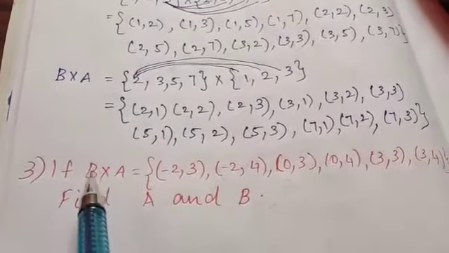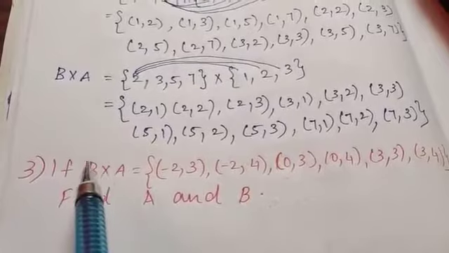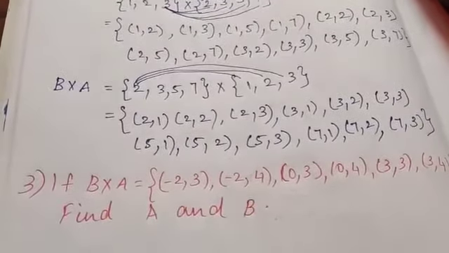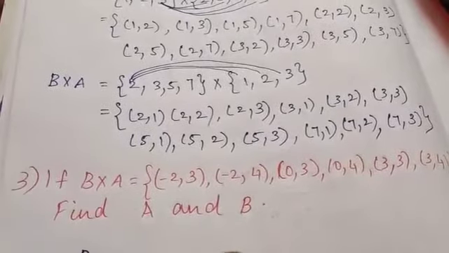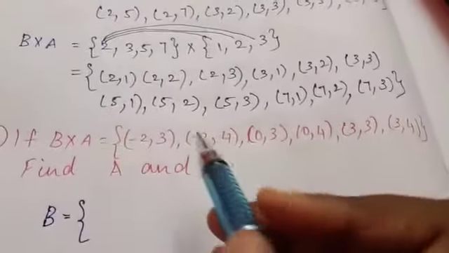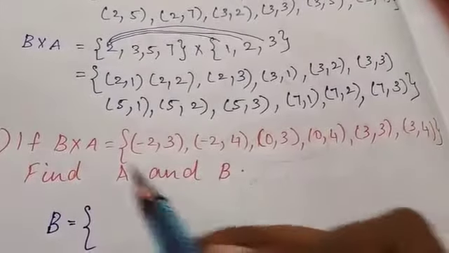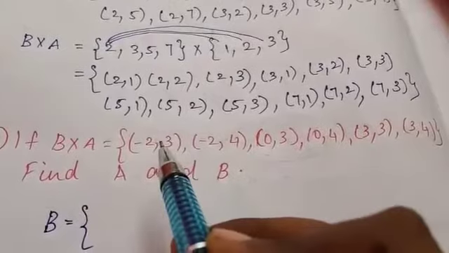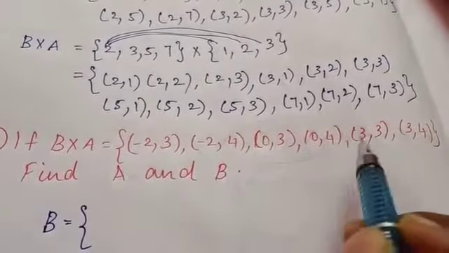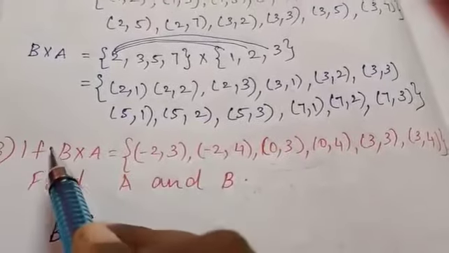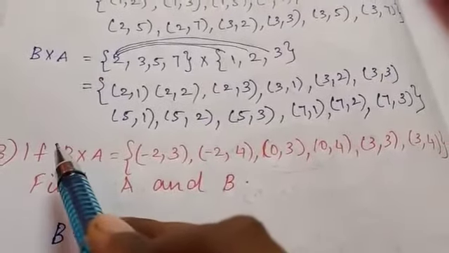What is the first set given here? B. So B is the first set here, and first we are going to find the elements of set B. In a Cartesian product, we know that in every ordered pair the first element belongs to the first set.